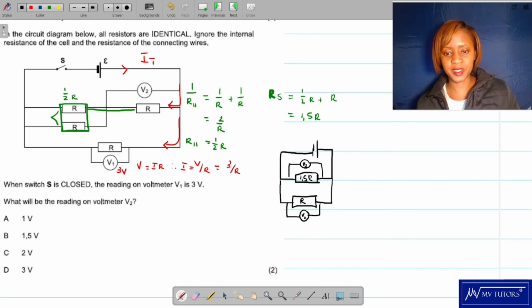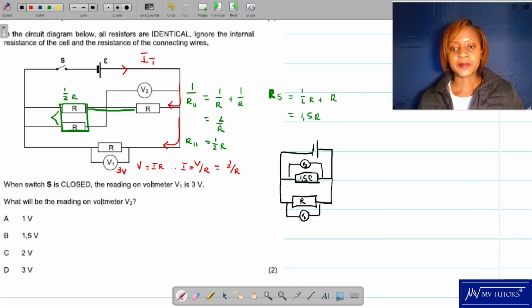So I have V1 over there and V2. And then when you read your laws, guys, it actually says that voltmeters that are in parallel are equal. The reason why I've condensed all these resistors into one is because I wanted this voltmeter to be parallel to that one.